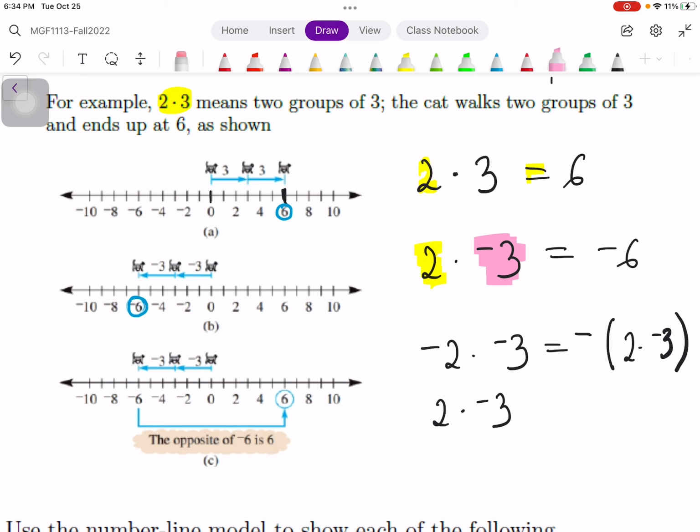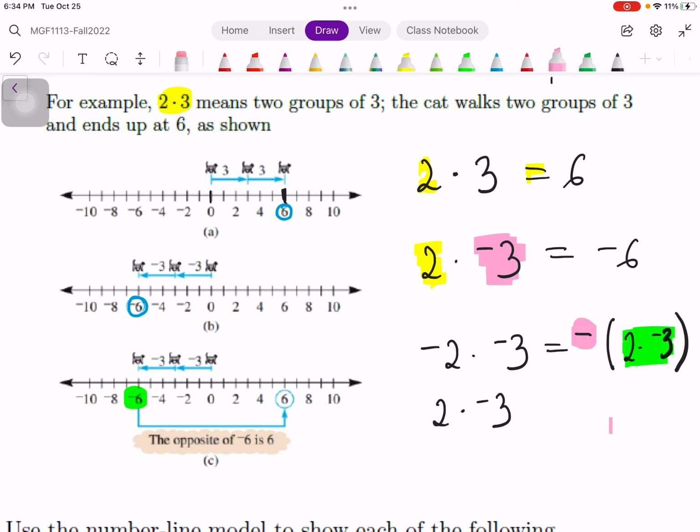And now this minus stands for the opposite of that, right? Because we just did 2 times -3, meaning going twice 3 backwards, ending up at -6. But then I have to do this, marked in pink, this negation, or finding the opposite of that.